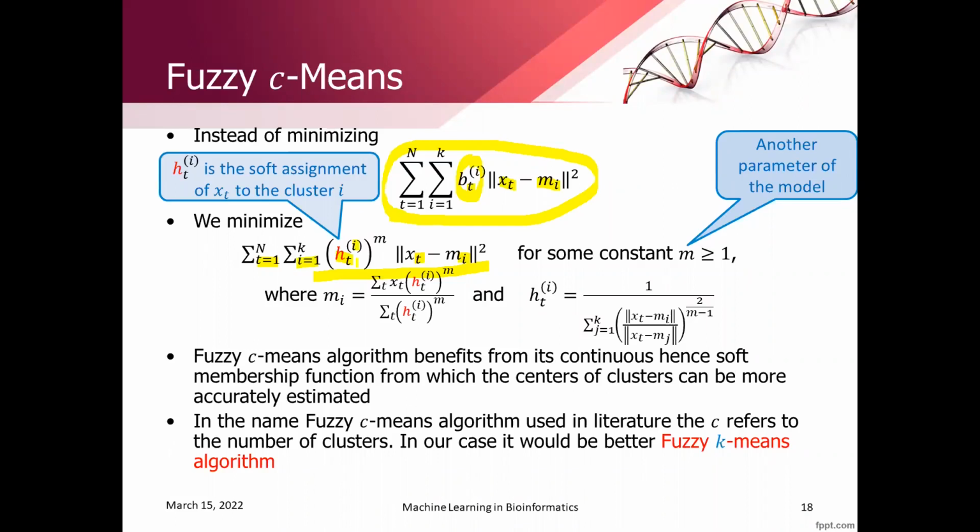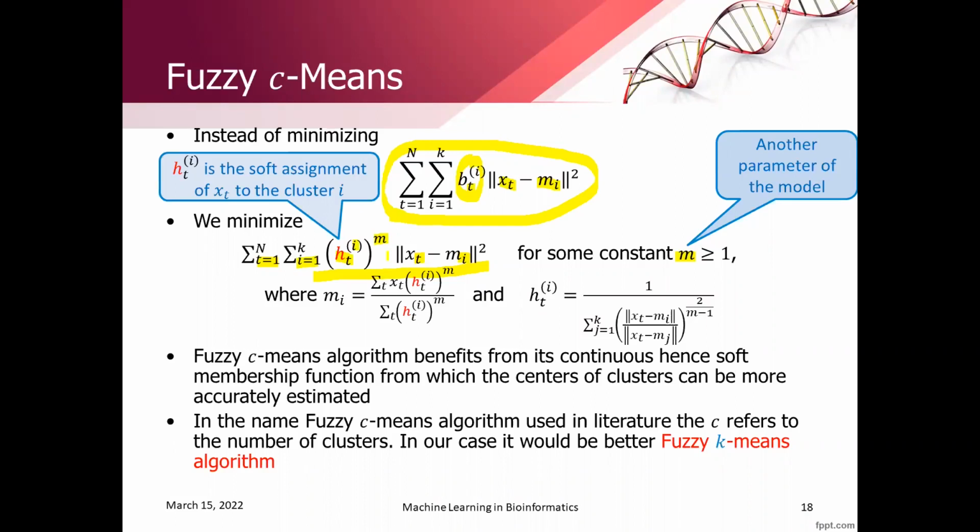And what is strange for fuzzy C-means is that it has another parameter m. What is minimized is the fuzzy weight of belonging, how observation t belongs to cluster i, and its mth power is used.